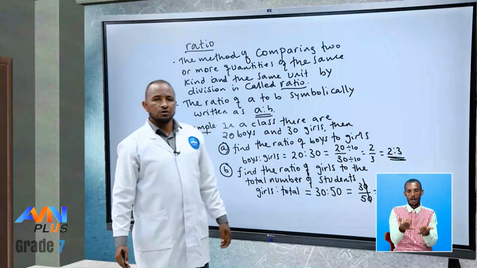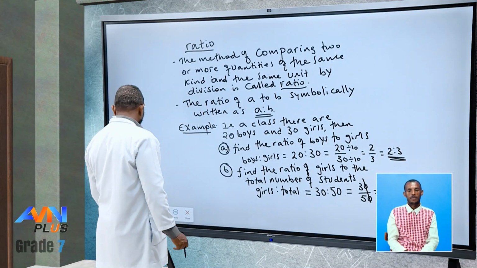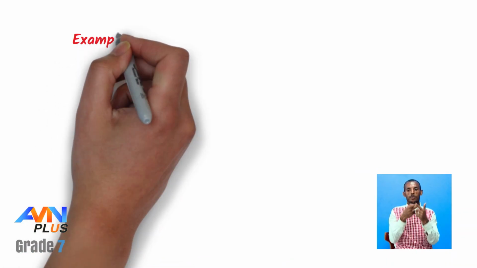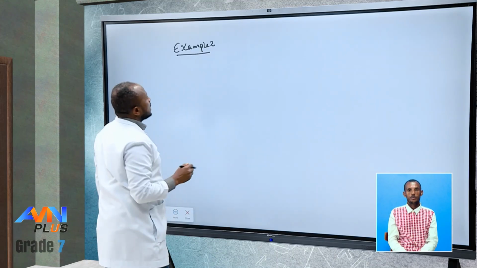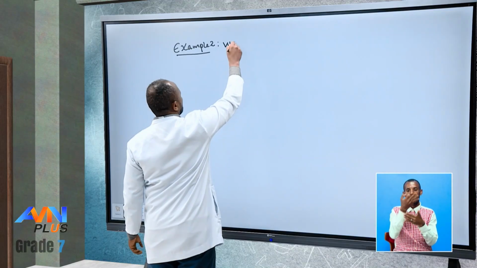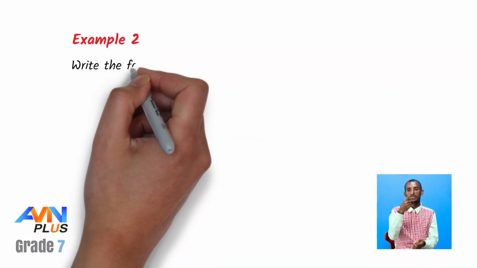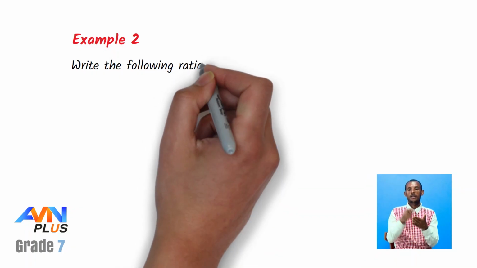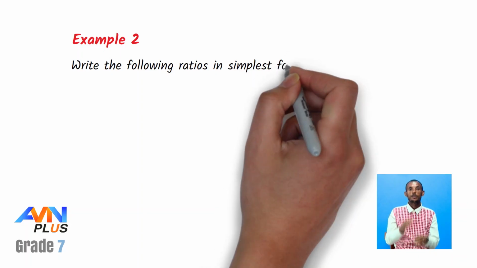Now let's continue to the next part. Example 2. Write the following ratios in simplest form.